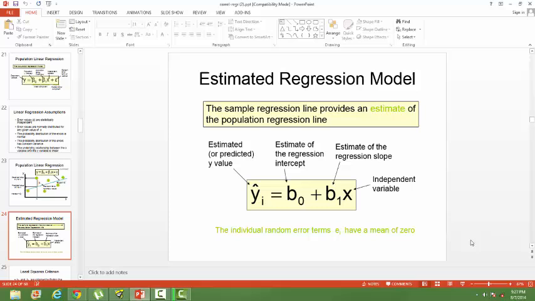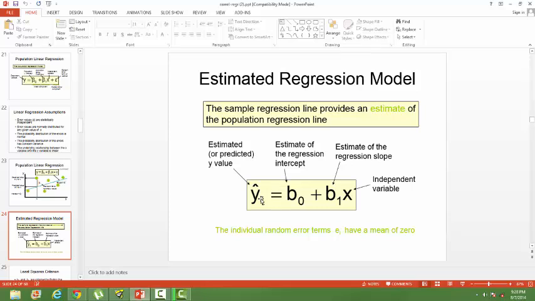Sample regression line is nothing but the estimated regression line or regression model. Okay, the notations are a bit different, but the concept is pretty much the same. Instead of using y, we use y hat. Why hat? Because we predict the value, right? These values of y in the sample regression are predicted, not given a priori.